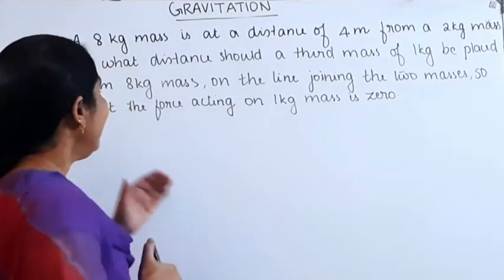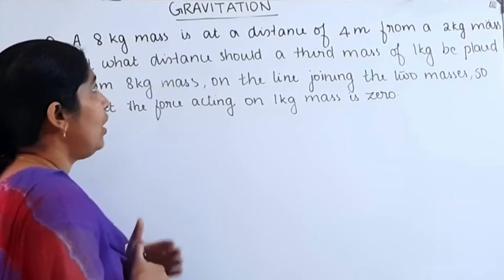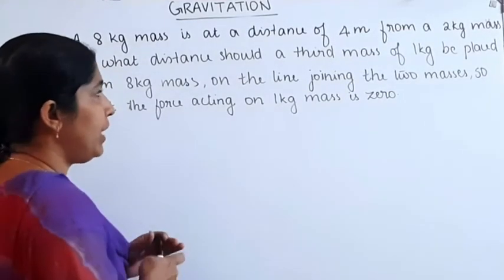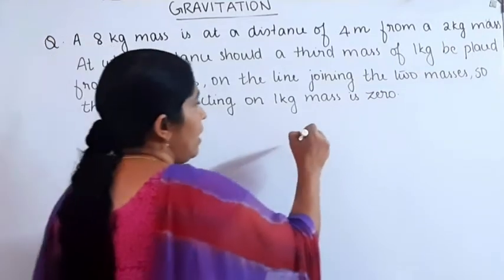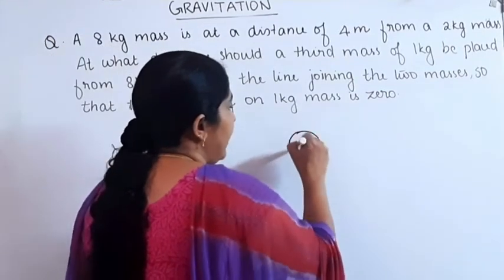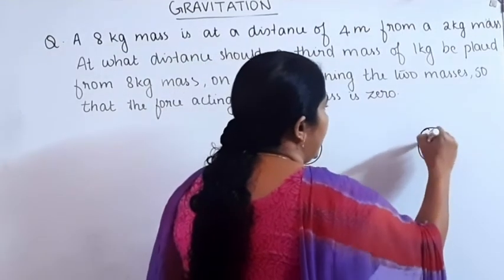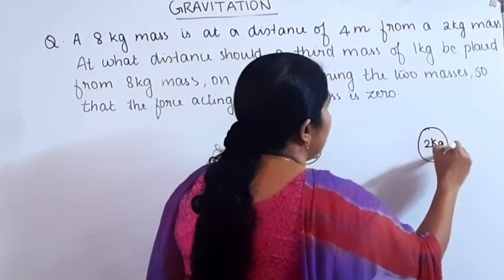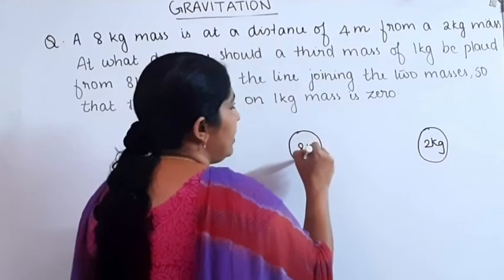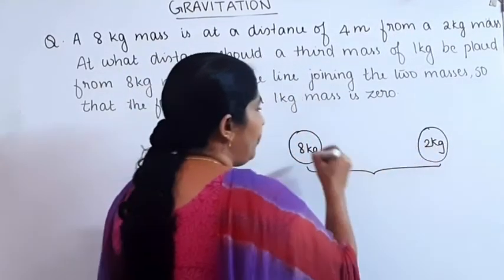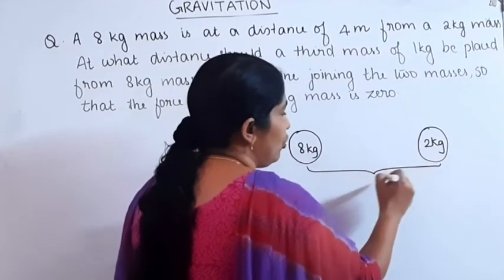Our next question: a 8 kg mass is at a distance of 4 meter from 2 kg mass. We have two masses, 8 kg and 2 kg, which are separated by a distance of 4 meter, from the center of 8 kg to the center of 2 kg.